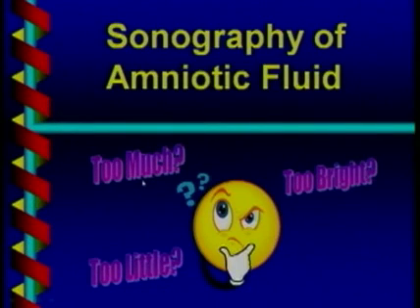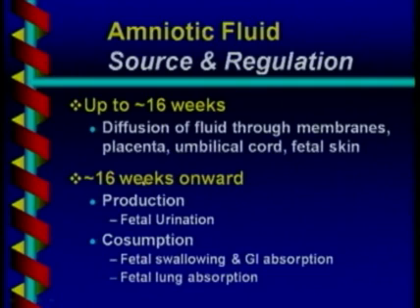The last thing that I'll talk about is ultrasound of amniotic fluid. Here the questions are: is there too much, too little, or is it too bright? With amniotic fluid, it's important to know a little bit about the source and the regulation of amniotic fluid. Up to about 16 weeks, amniotic fluid occurs as a result of diffusion of fluid through the membranes, the placenta, the umbilical cord, and the fetal skin.